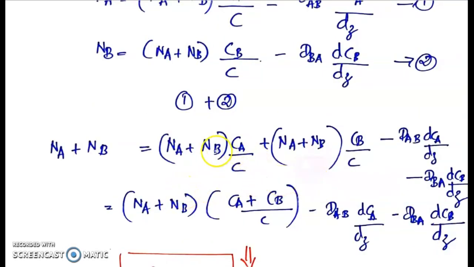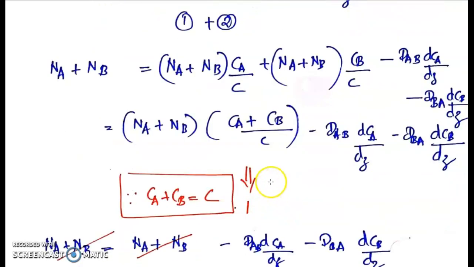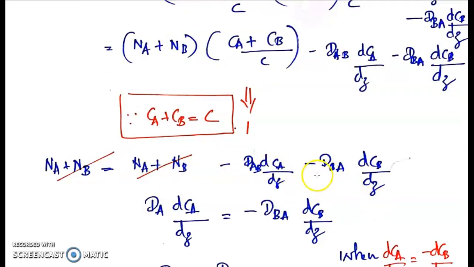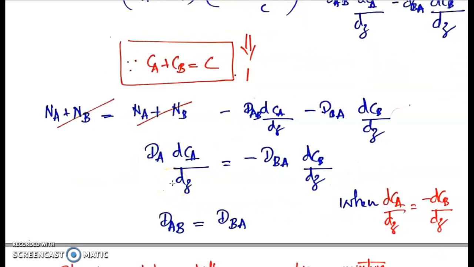So NA plus NB is common here. We can take that out and we'll get an expression like this. But we know CA plus CB is equal to C. So this term will become equal to 1, and now we have only NA plus NB here, so these NA plus NB cancel off, and what is left over is minus DAB dCA by dZ and minus DBA dCB by dZ. Let's take 1 to the LHS and we'll get DAB dCA by dZ is equal to minus DBA dCB by dZ.